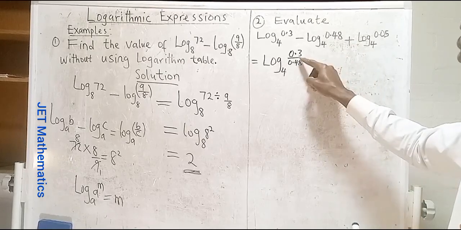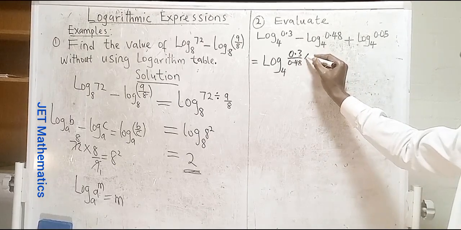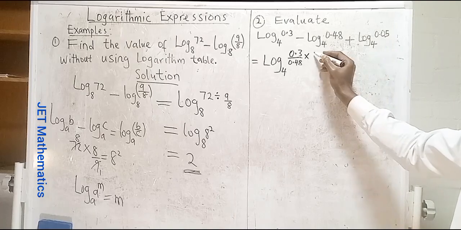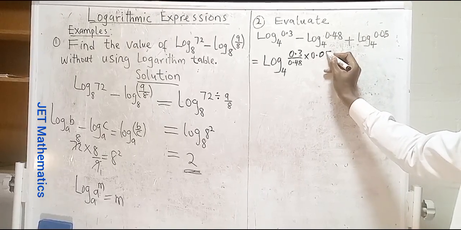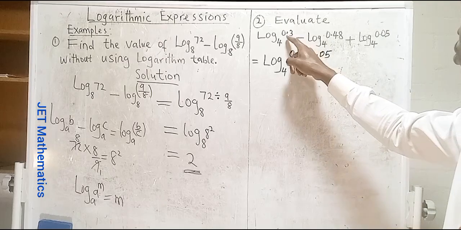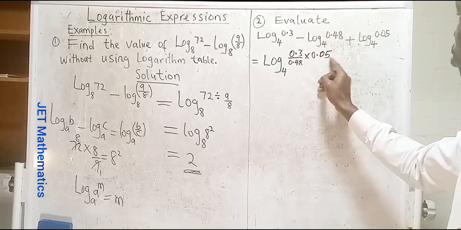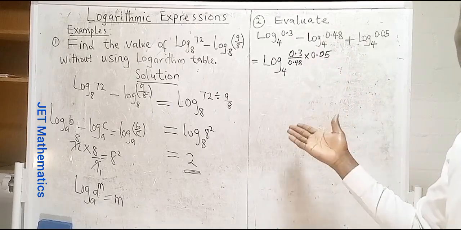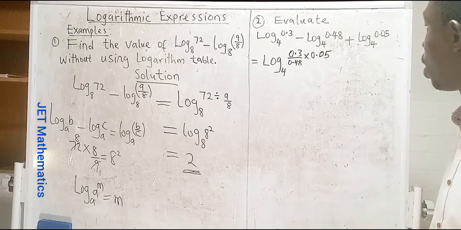When it's plus, instead of division, in the case of minus, it becomes multiplication, multiplying 0.05. Okay, so for subtraction you divide, for addition you multiply. Okay, we have established these laws in our videos before now.